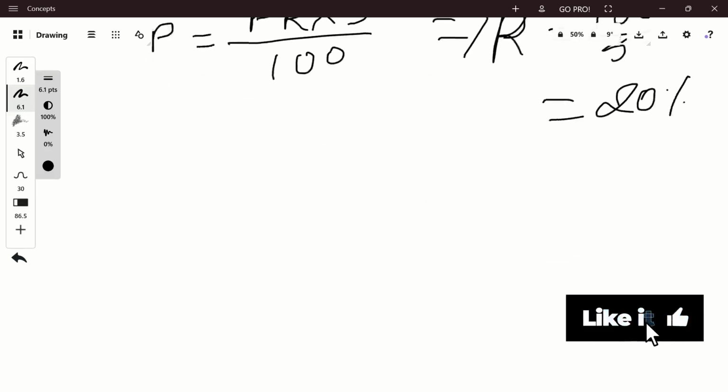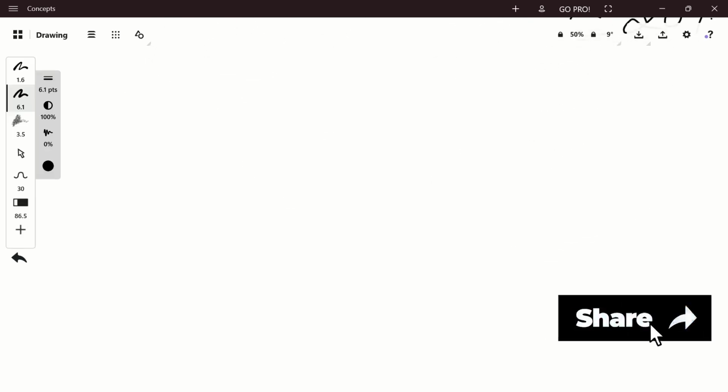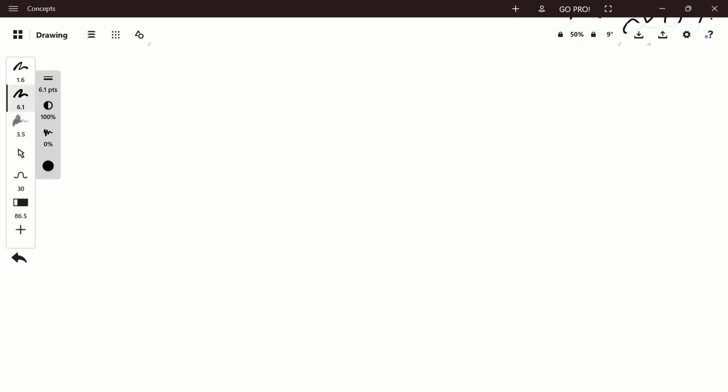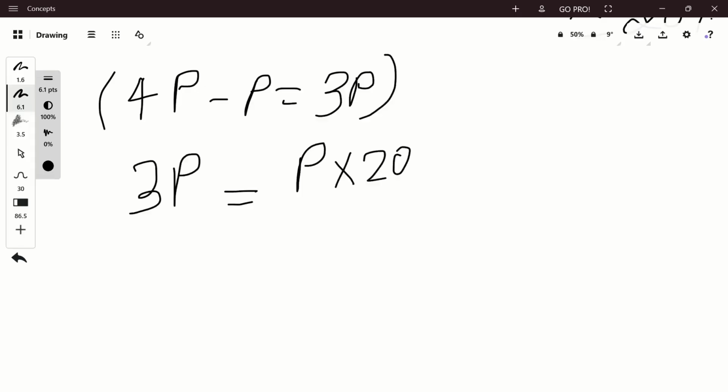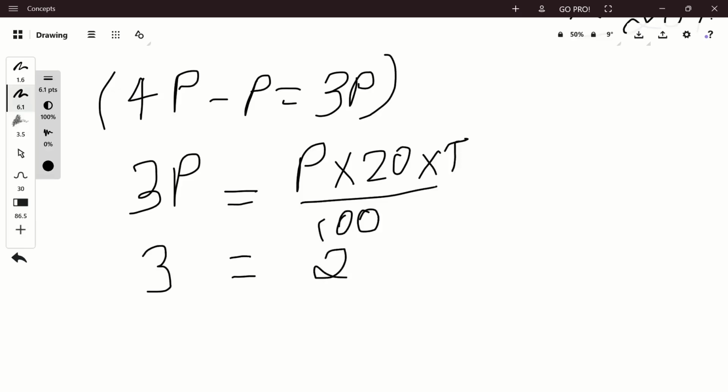To become 4 times itself, the total interest earned must be 3 times the principal, that is 4P minus P is equal to 3P. So, 3P is equal to P into 20 into T upon 100, which is equal to 3, 20 into T upon 100.